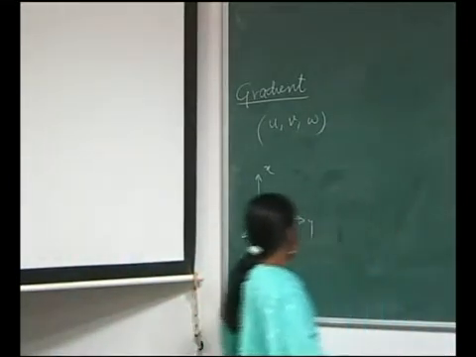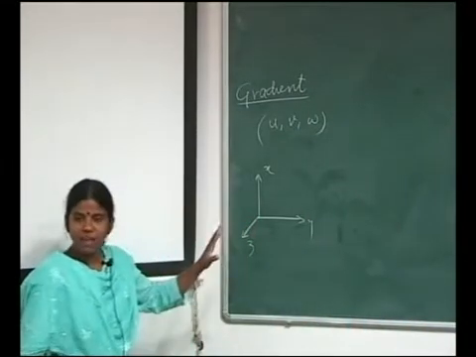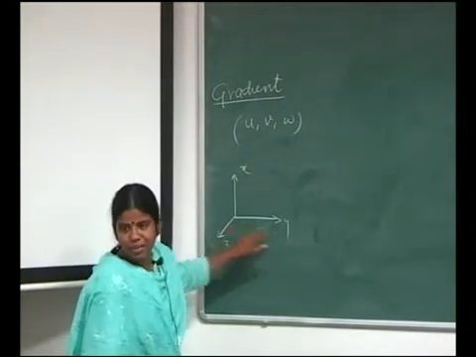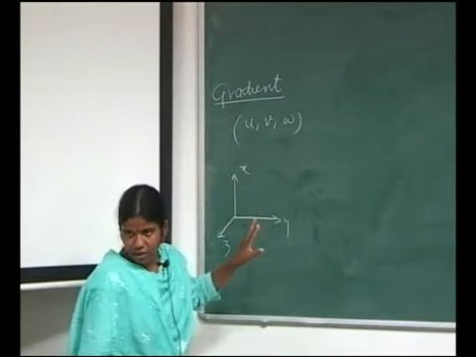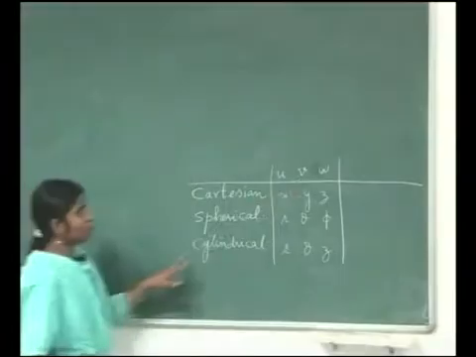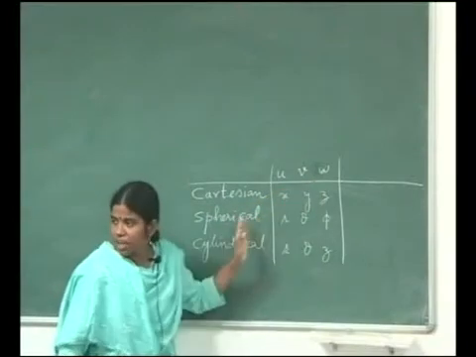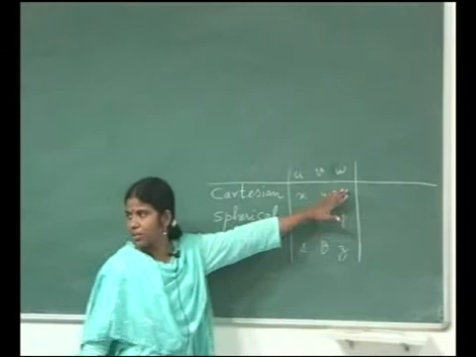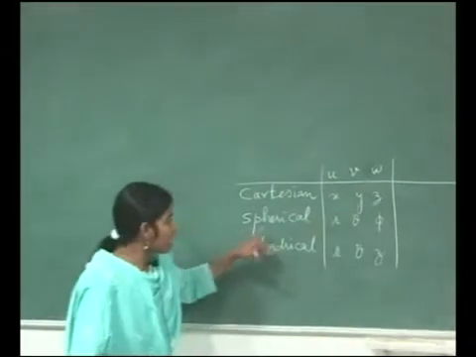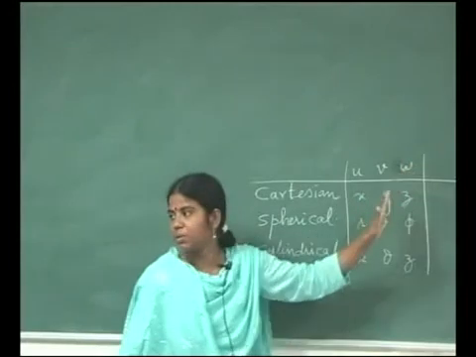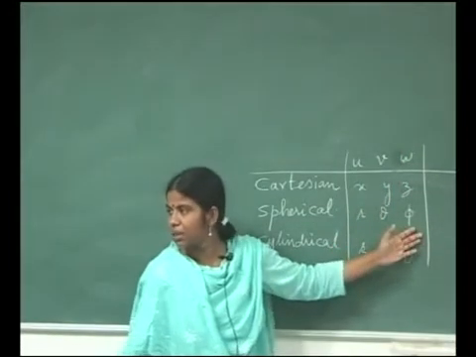Another thing we should always be very clear about is that in the Cartesian system, x, y, z represent length. If I consider u, v, w in the Cartesian system, all of them represent length, displacement. But in the spherical system, v and w may not represent length; they are theta and phi, which are angles.